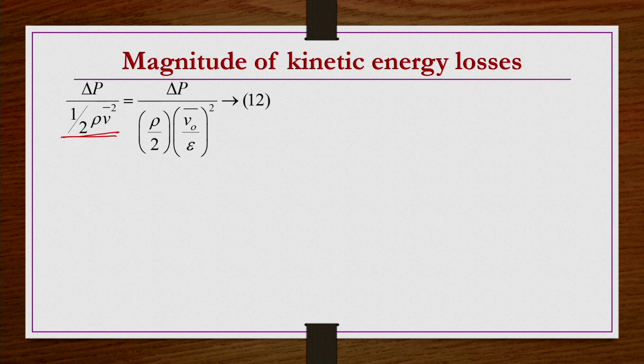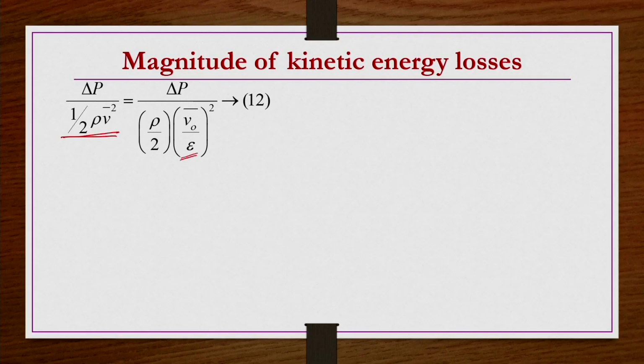That is not known directly, but we found that this V bar is V naught bar divided by epsilon, where V naught bar is the superficial velocity, or empty tower velocity, that is, the average velocity of the fluid in the empty tower without packing. That is in general known, and epsilon is the voidage of the bed. So, everything is known.